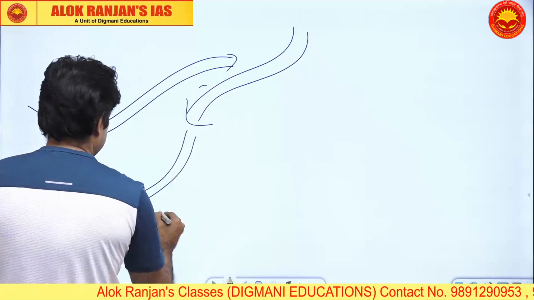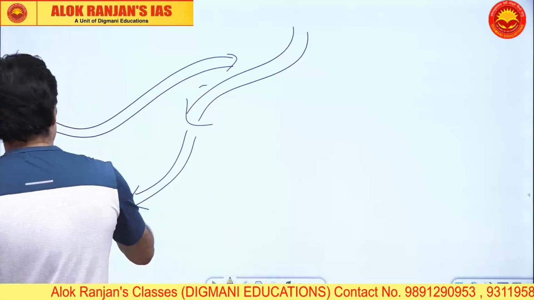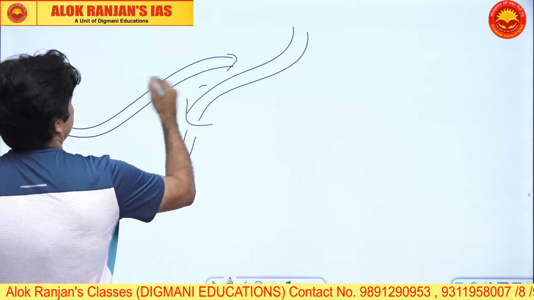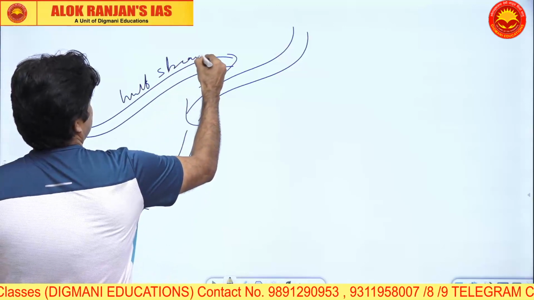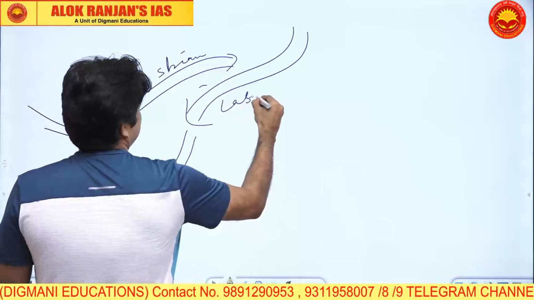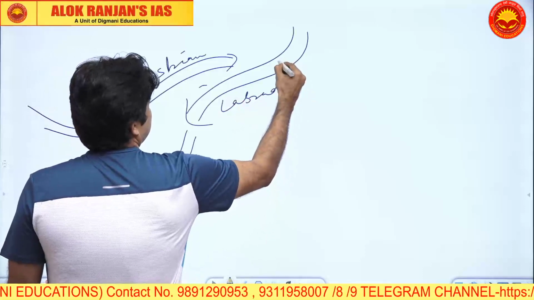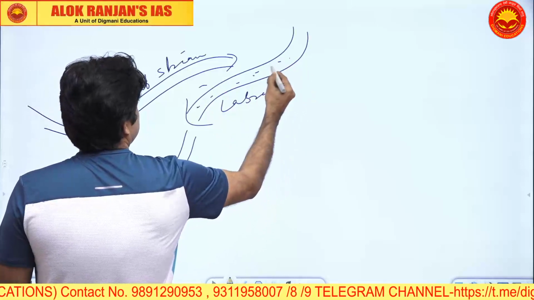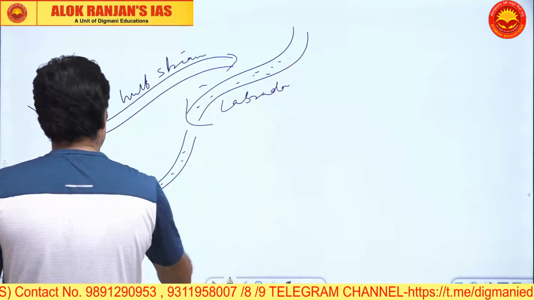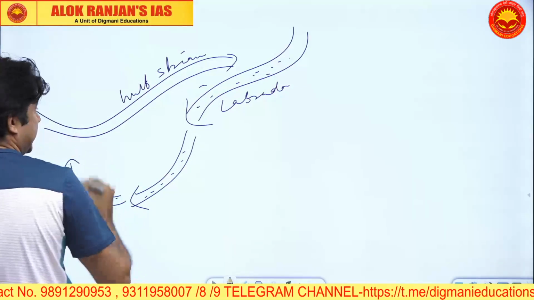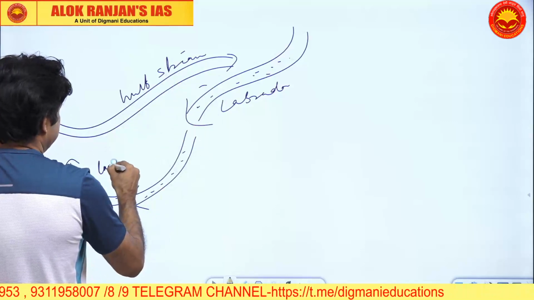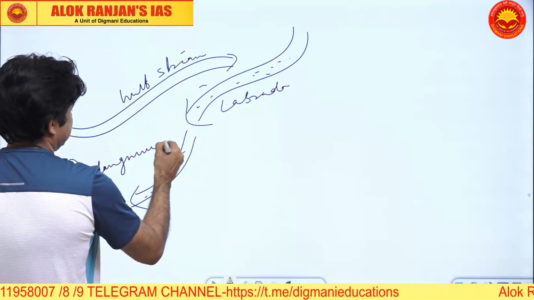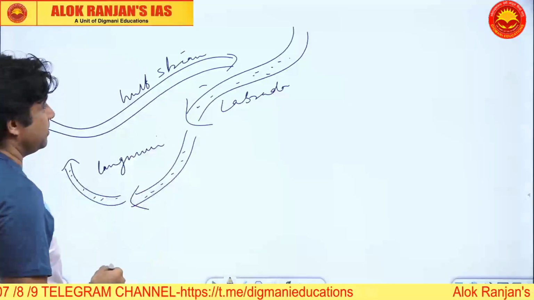So this is the cold current and this is the warm current, or maybe the Gulf Stream. This is your Labrador, with a different design. The cold current is shown with a different design. This three-dimensional circulation is the Langmuir circulation being formed.